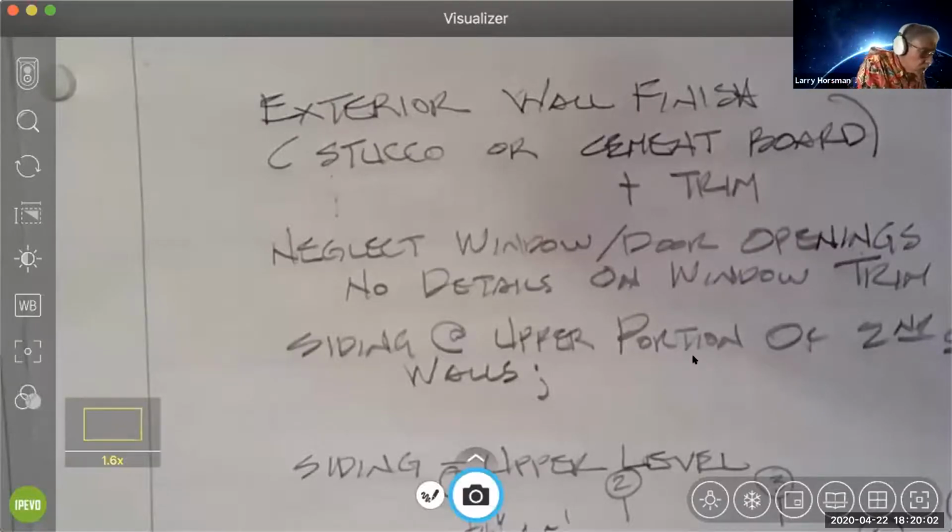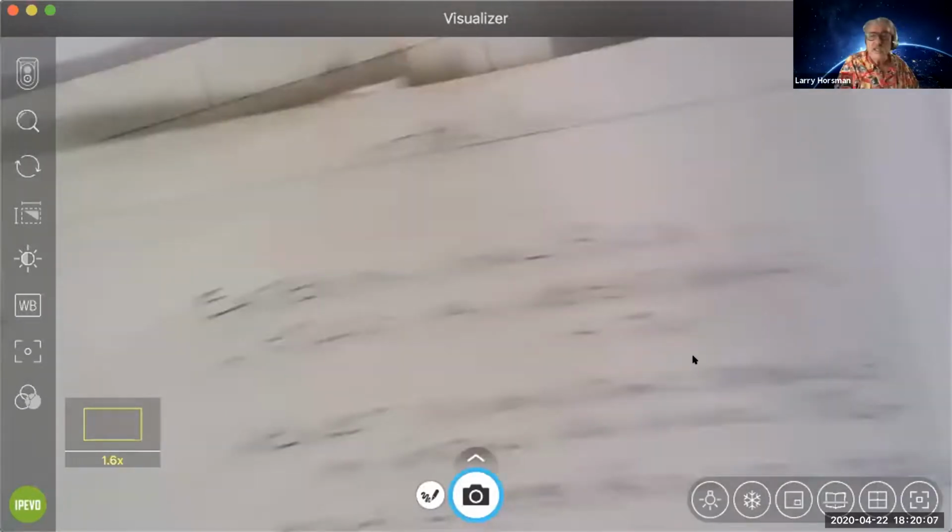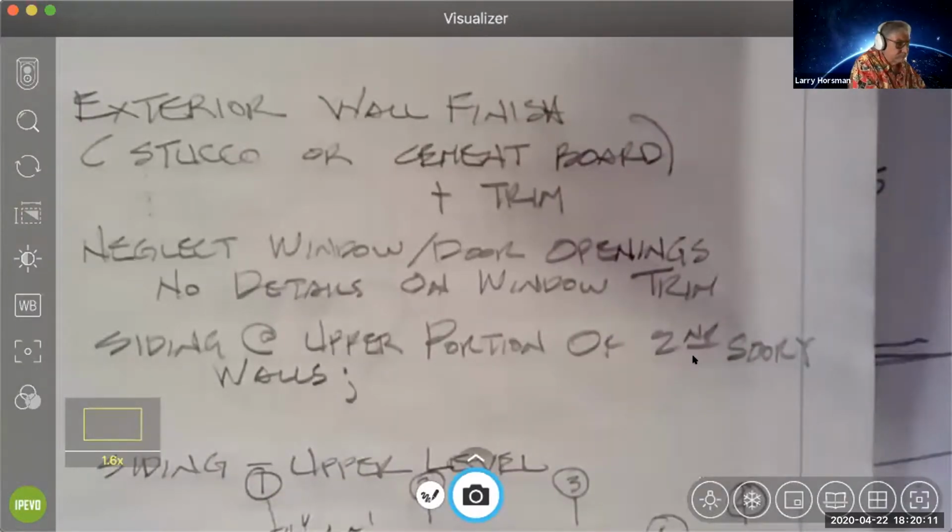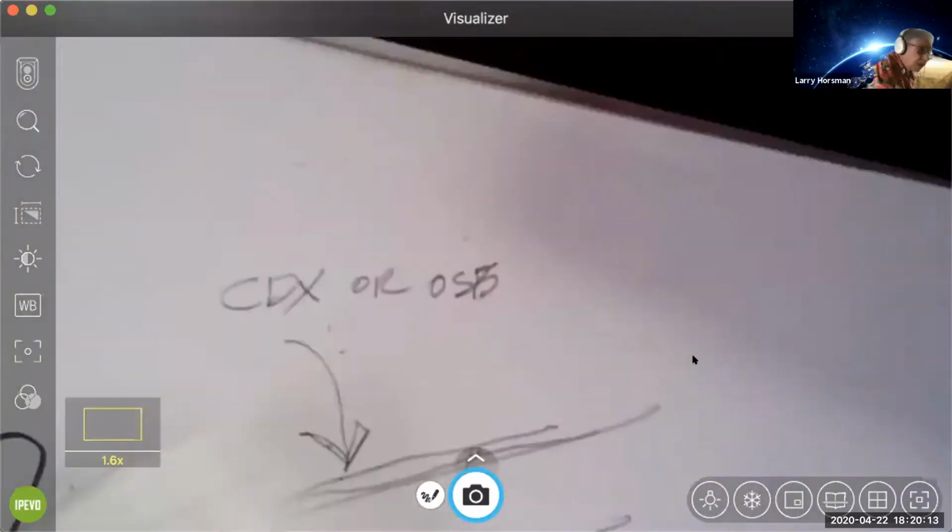Shrink that down. We're out of there. So just looking at that exterior. That light on?